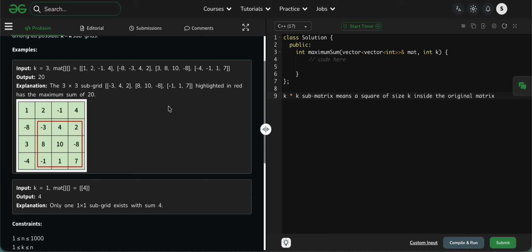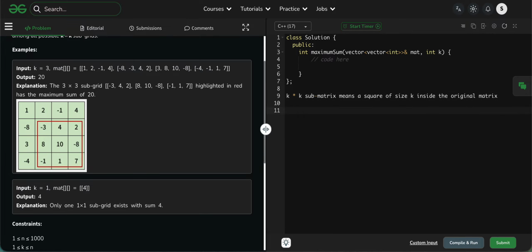Let me explain with an example. First we take the first subgrid. How can we calculate?